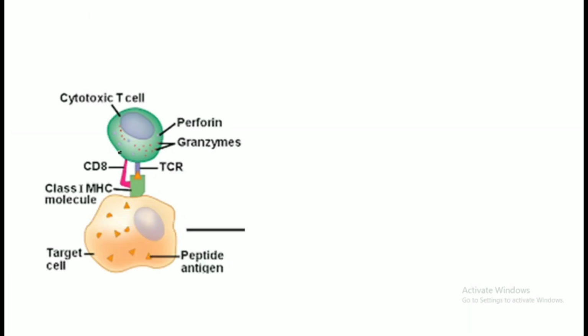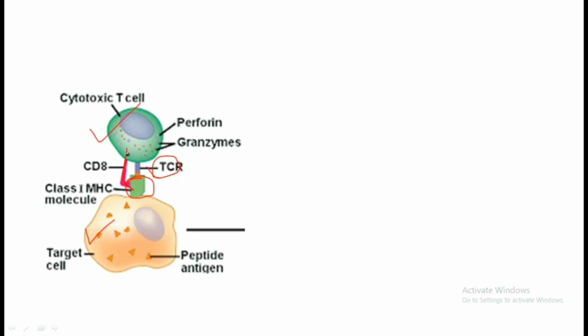Type 4 hypersensitivity also involves cytotoxic T cells, which attack the cell directly. This is the target cell and this is the cytotoxic T cell. They form an interaction with the help of the T cell receptor and the MHC class I molecule, and there is some ligand binding here, CD8 ligand.